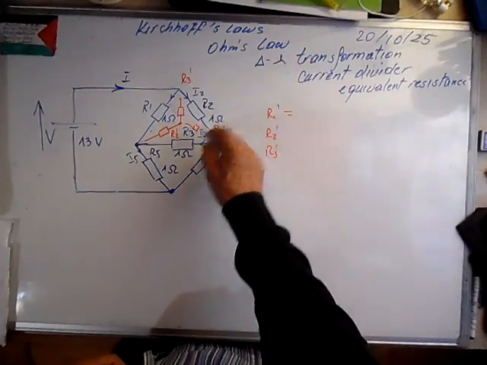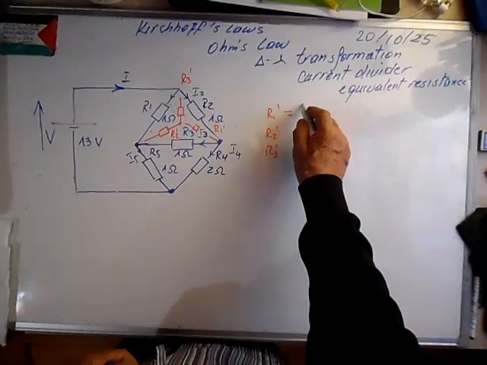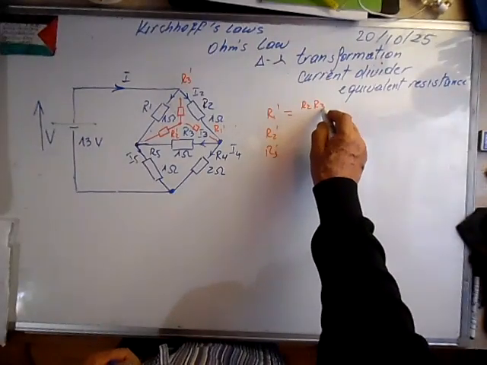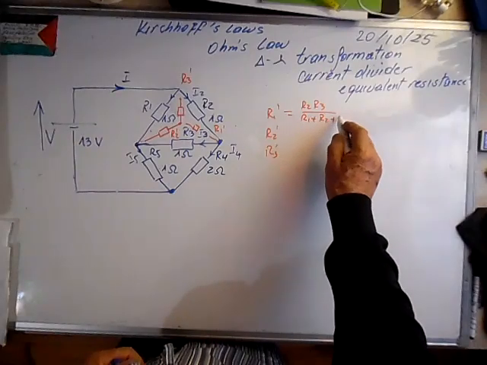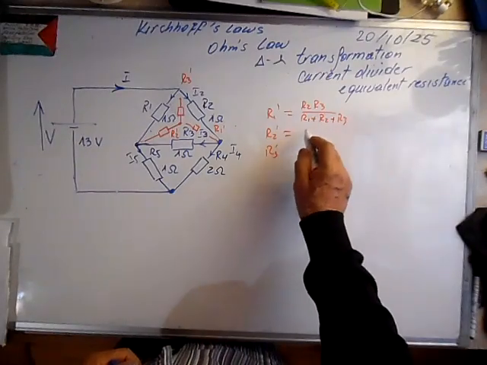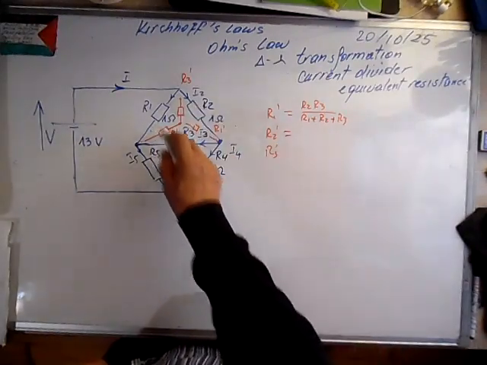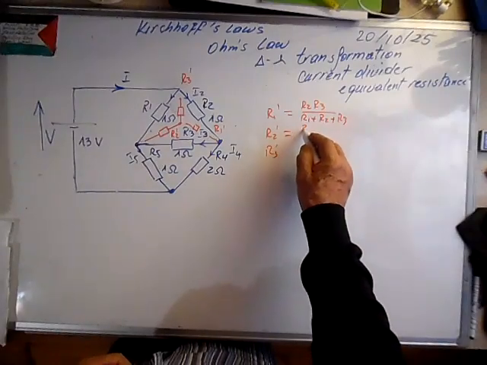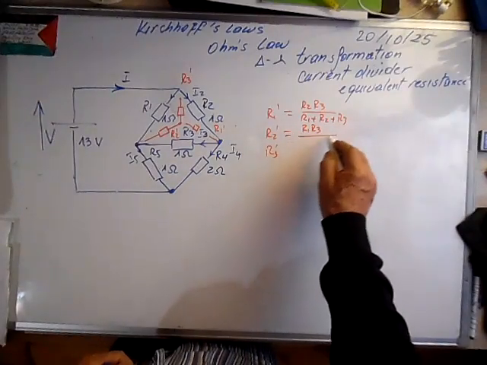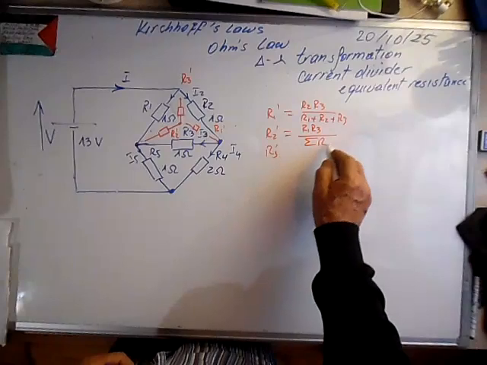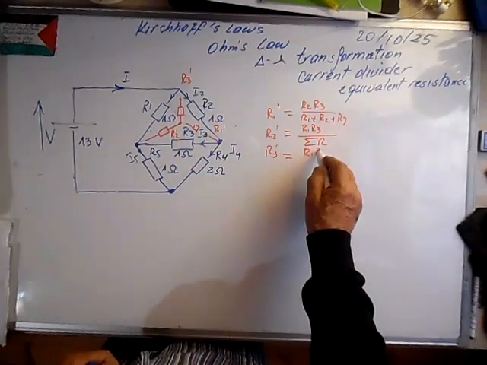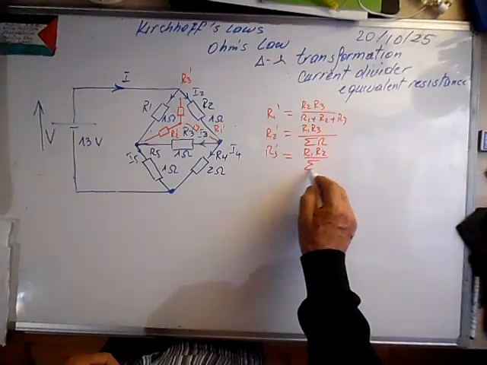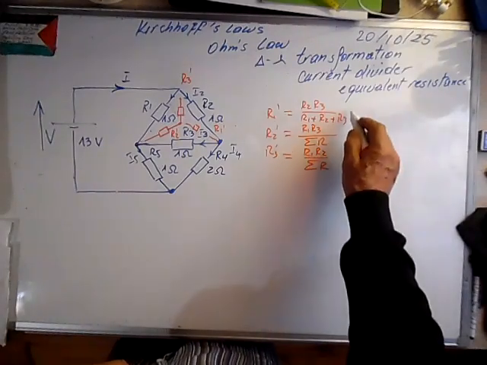This one is R2 times R3 over the sum. Here same, R2 prime is R1 times R3 over the sum of the R's, and R3 prime is R1 times R2 divided by the sum of the resistances.